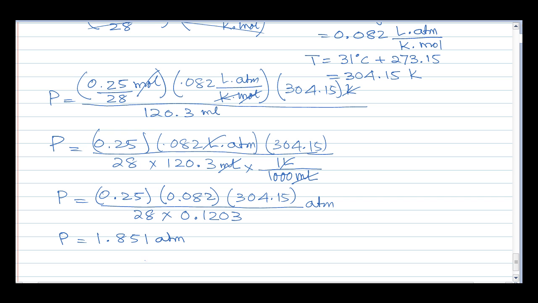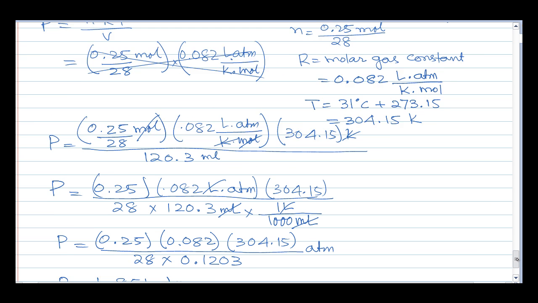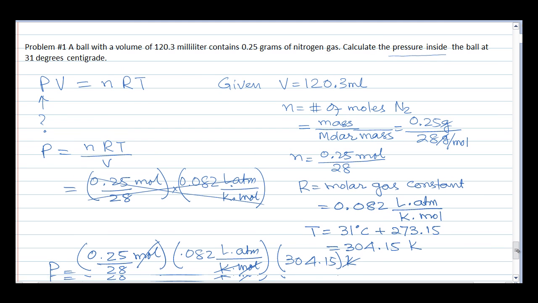Now this is okay, but don't forget to take into account the significant figures. So what would be the significant figures in this particular problem? See, over here we have taken 0.25, which is two significant figures. We have 31 degrees centigrade, which is again two significant figures.